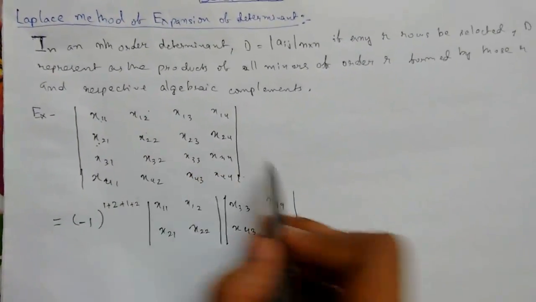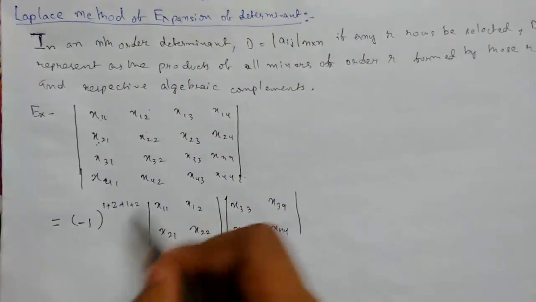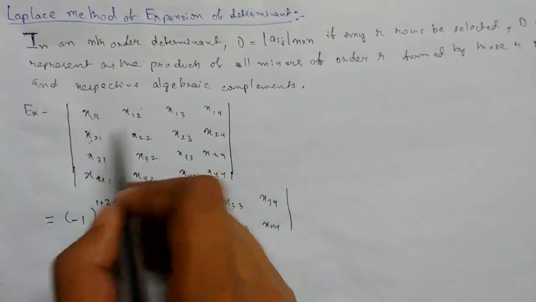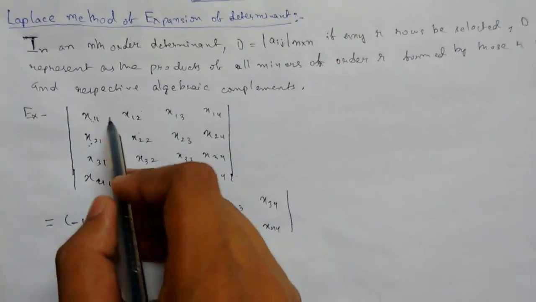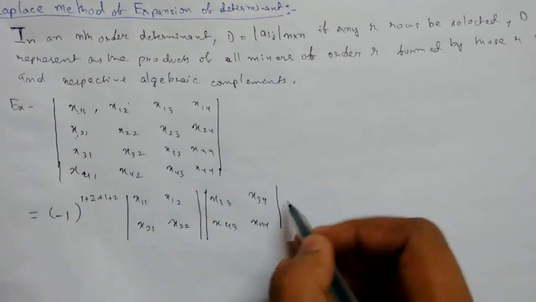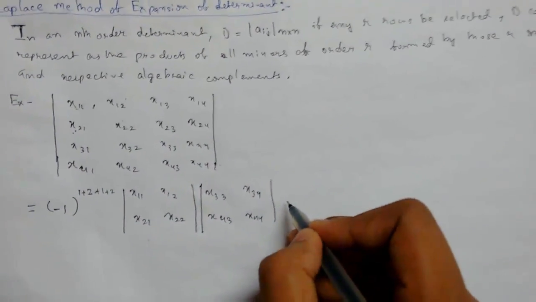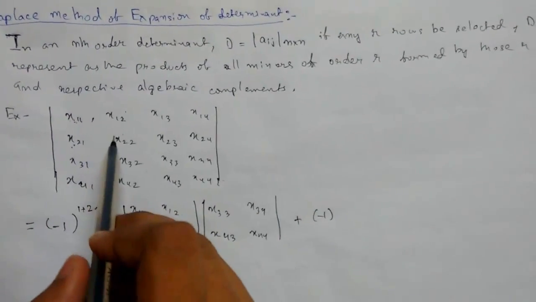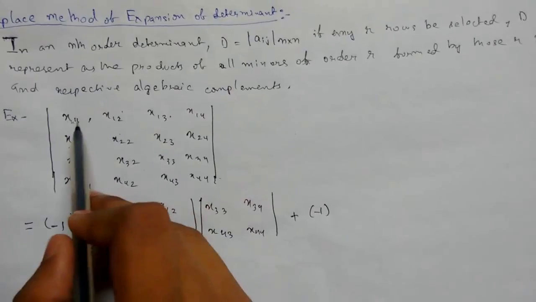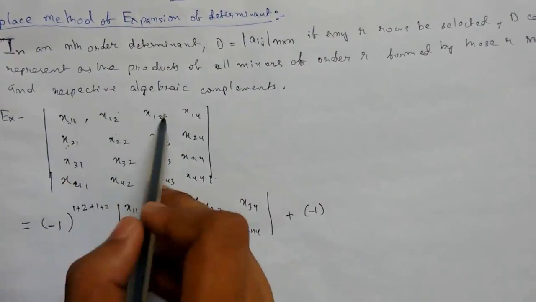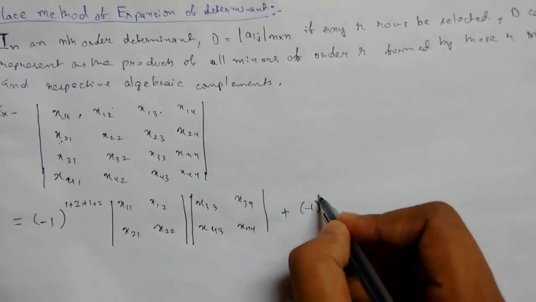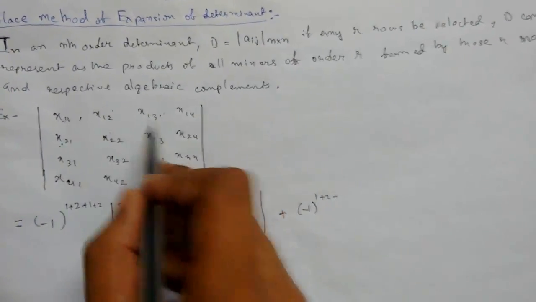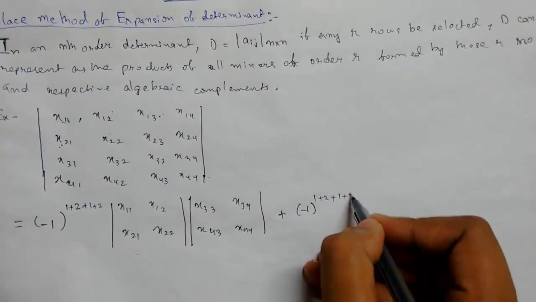So for this, the number of these terms will be 4C2. There are 4 columns, 4 elements, and we have to make groupings of 2. So 4C2 is 6. So now again minus 1. Now we will take these two columns; the rows will be fixed, 1 and 2. So this will be 1 plus 2 for rows, and for columns this will be 1 and 3, so 1 plus 3.